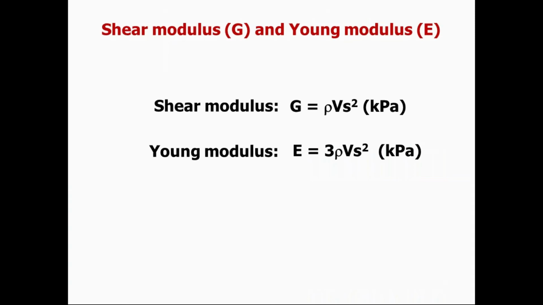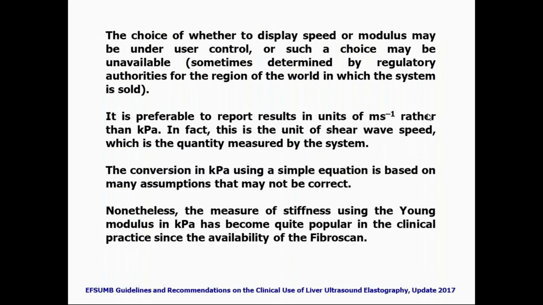The two moduli, the shear modulus G and the Young modulus E, are related to each other. However, we should keep in mind that the Young modulus is 3 times the shear modulus. So even though the unit is the same, the values that we obtain at the same stiffness are not the same. Usually with ultrasound equipment, the Young modulus is used, and with magnetic resonance, the shear modulus is used instead.